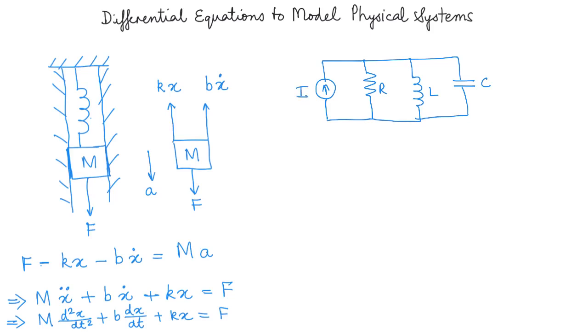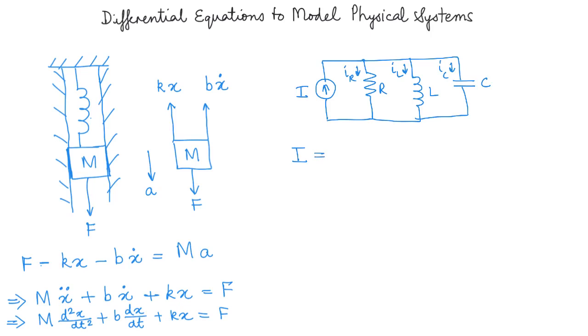We know that the currents in these three branches, let me call them IR, IL, and IC, add up: IR plus IL plus IC is going to be equal to I, right? So we can write the equation I equal to, what is going to be IR?